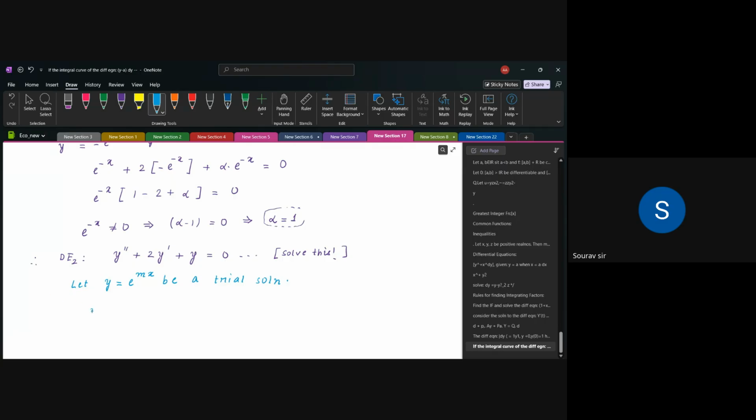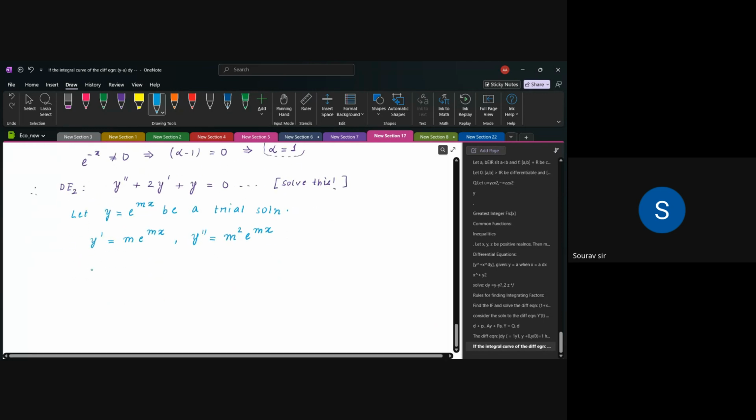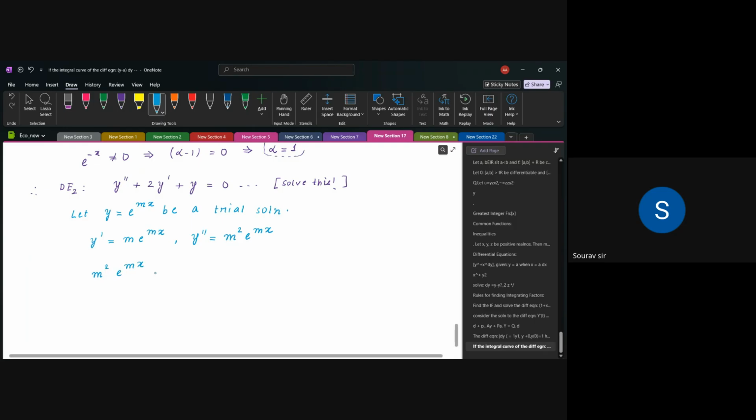So that means your y dash will be m times e to the power mx, and your y double dash will be m squared into e to the power mx. If you replace that in the differential equation, you basically get m square into e to the power mx plus 2m e to the power mx plus e raised to the power mx is equal to 0.